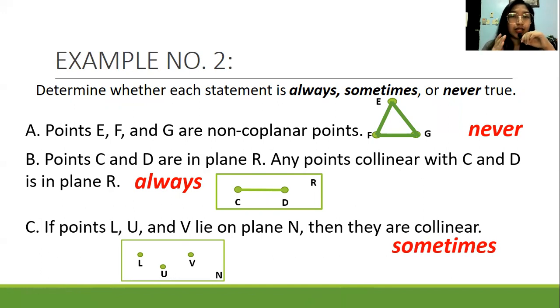Nasa iisang line na kayo. Okay, pwedeng nasa iisang linya si L, V, pero wala si U. Okay, pwedeng nasa iisang linya si L, U, pero wala si V. So, sometimes po. Pwede namang nasa iisang line si L, U, and V. So, ang answer po natin dito ay sometimes.